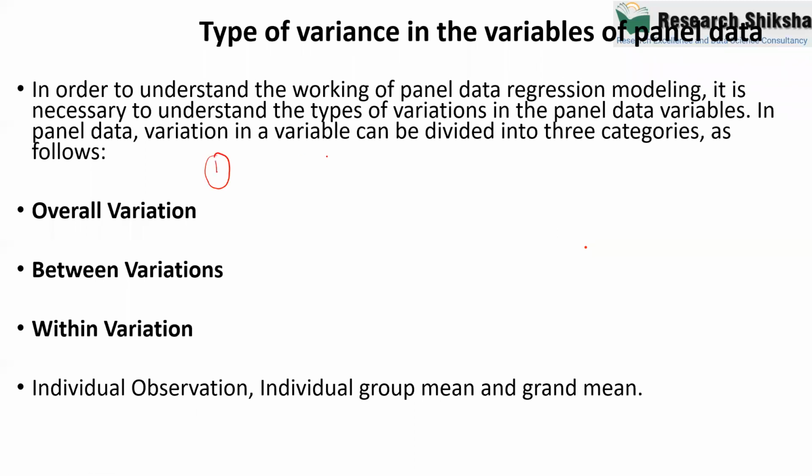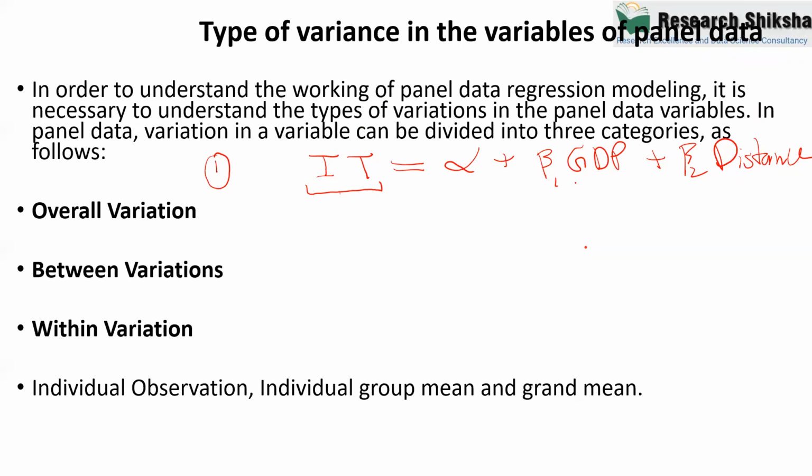Model number one: the international trade, IT, is equal to beta plus the GDP of the country plus beta 2 times the distance between the countries. Now the problem is that the trade between the countries changes with time, and is also different for different countries.